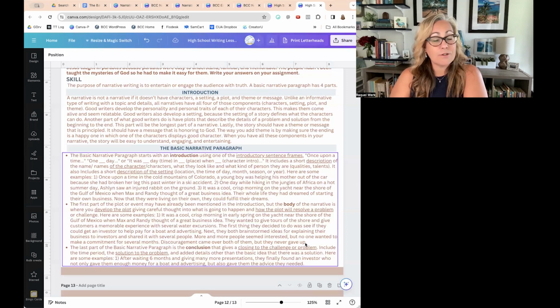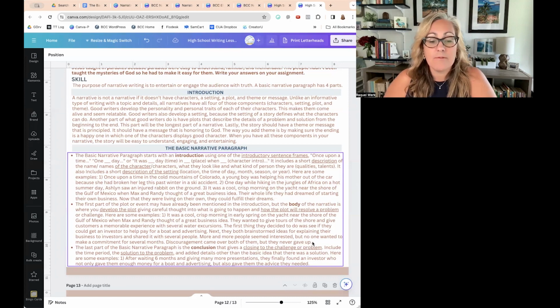And then we have this introduction of the problem that they couldn't get anyone to commit and they were discouraged. Those are the problems that they were having. But then another little hint to the theme, which is they never gave up. And that's a great message. So let's see how this theme further develops in the conclusion.